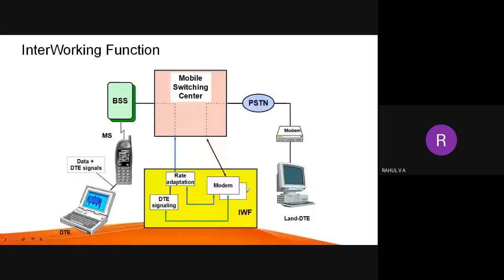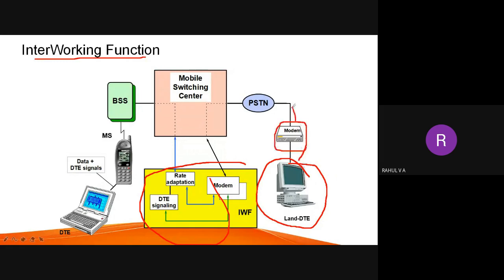So if a person wants to access data, there should be an interworking function. It is only for data. You can see there is a computer which provides access to the World Wide Web, and there is a modem. Through this modem, it is connected to the public network, and from the public network, with the help of the interworking function, it is accessing the data. So the interworking function is only to access data.